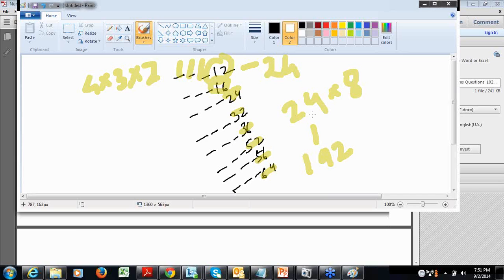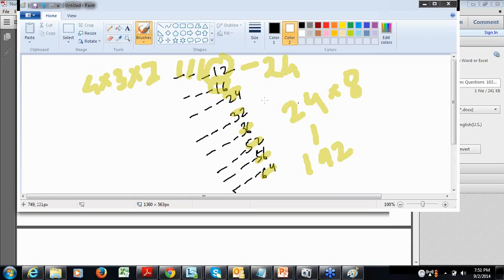Let me summarize once again. Karunesh, where is 8 coming from here? Okay. So you have to find 5-digit numbers which have to be divisible by 4.